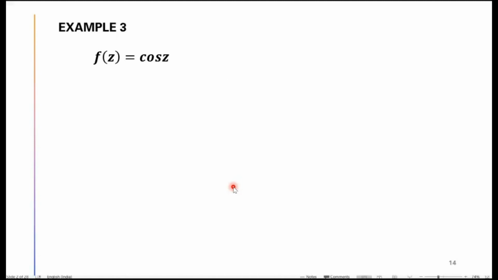Next, take cos z. Again, what do we have to do? Put z equal to x plus iy, and f of z is u plus iv.